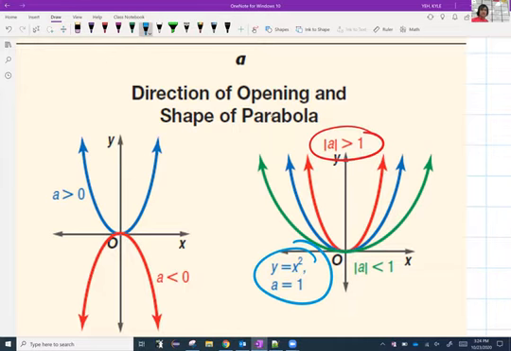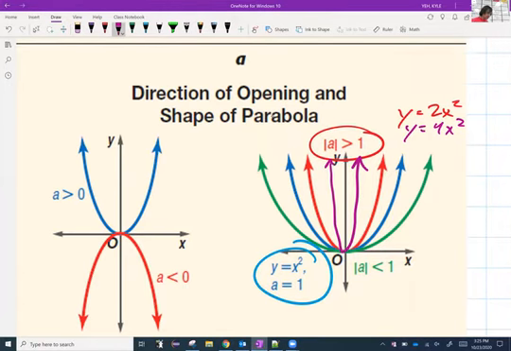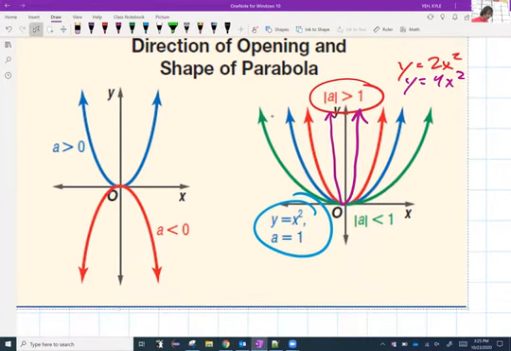It's a nice, typical parabola, not too skinny, not too wide. Maybe the red one is y equals 2x squared. It got more positive. I'm going to add y equals 4x squared, and that one would be super steep, super skinny. So the more positive it gets, the steeper it gets.